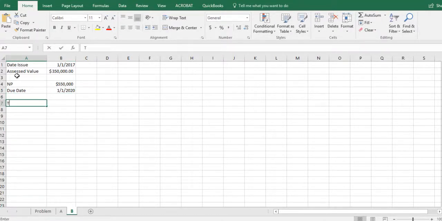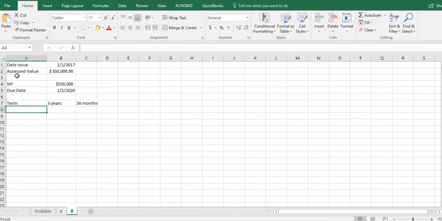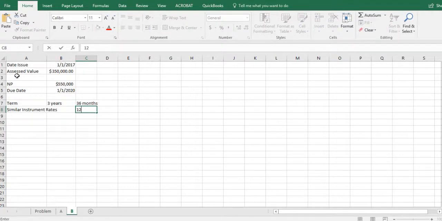So that gives us a term of 3 years, which is also 36 months. A lot of times in loans, they actually tell you how many months. We know that typical, similar instruments' rates are 12%.